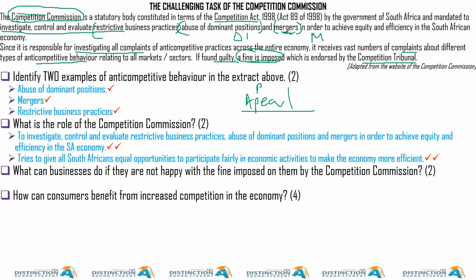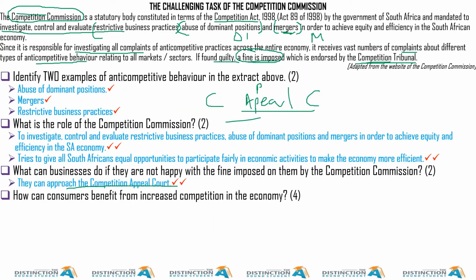But with whom? You appeal with the other body. So there are 3: Competition Commission, Competition Tribunal, and then Competition Appeal Court. Okay. Right, so you have to appeal. Yay, it's double P. So they can approach the Competition Appeal Court and appeal.